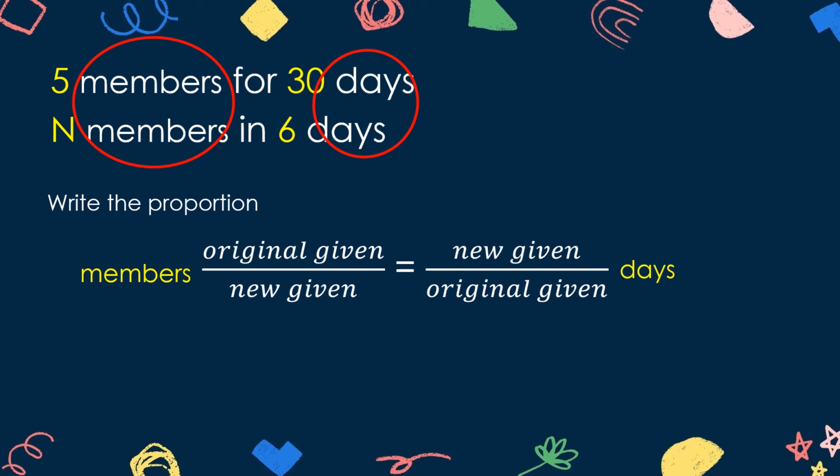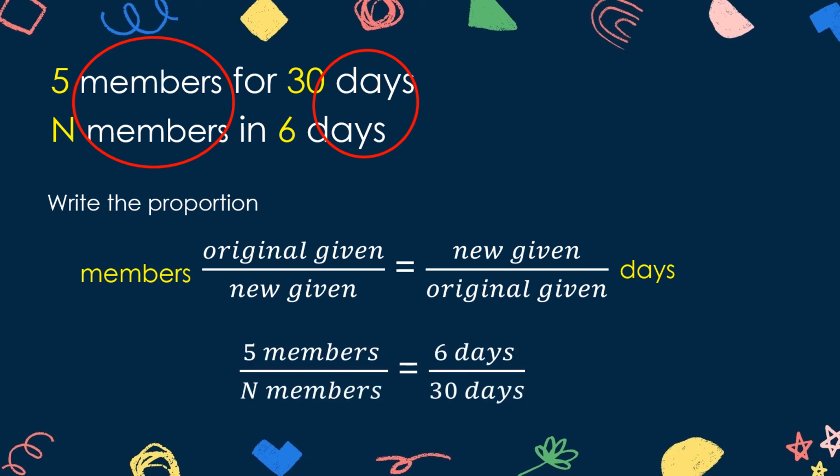After that, substitute the given to the formula. Under the quantity members, we have 5 members as the original given, then n members as the new given. On the other side, we have 30 days as the original given and 6 days as the new given.